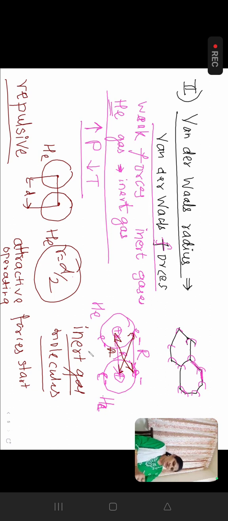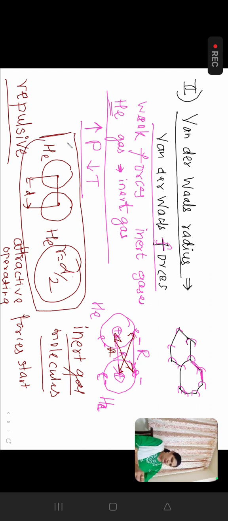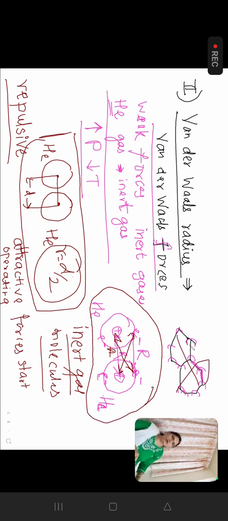Have you drawn these figures, whatever I have written over here? Yes. All of you draw it. You have to draw this for helium. And you have to draw this for attractive and repulsive forces. Don't draw this.